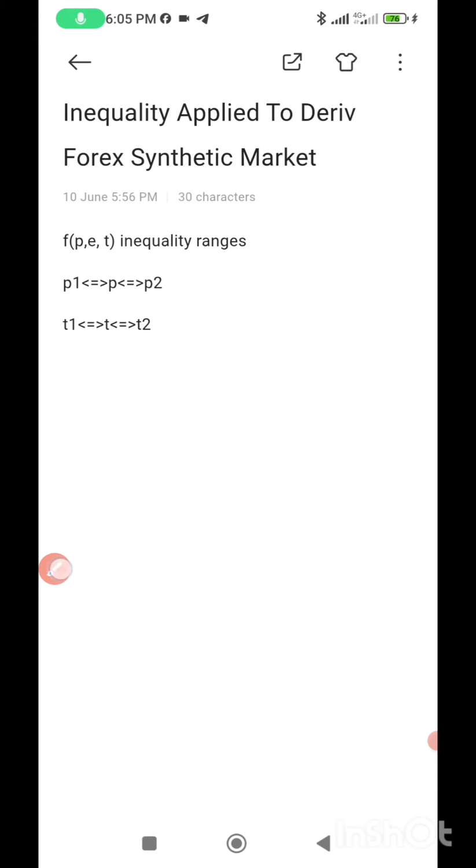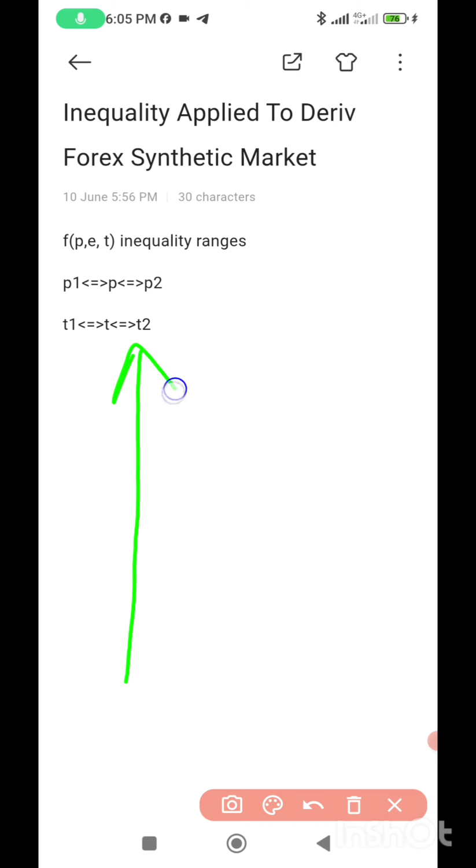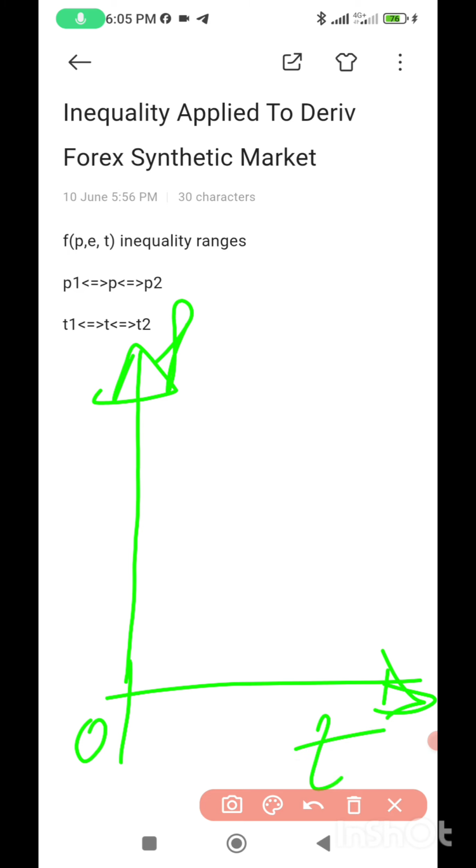So let's take, for instance, a downtrend market, and we have a price as this, we have the origin and then the buying as this. This is a downtrend market, so we are going to model it with this type of line of best fit.